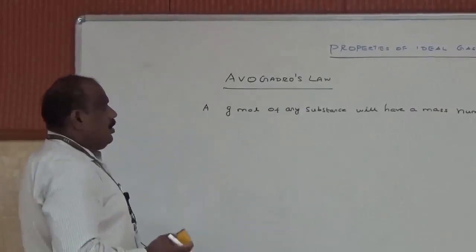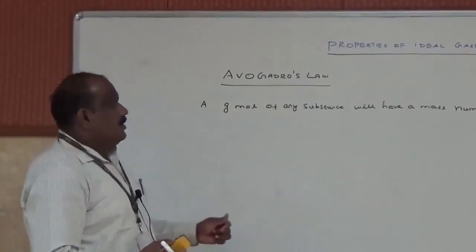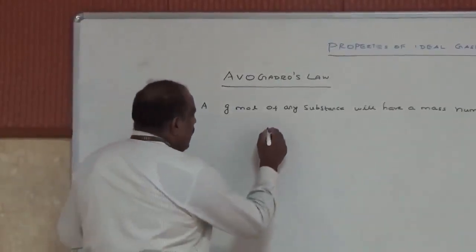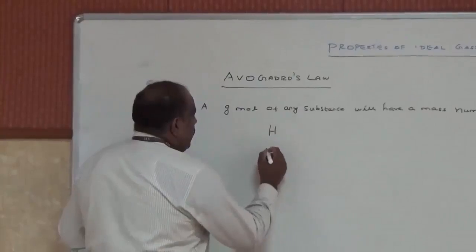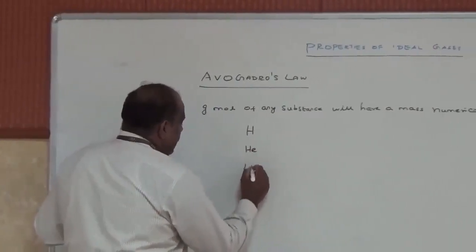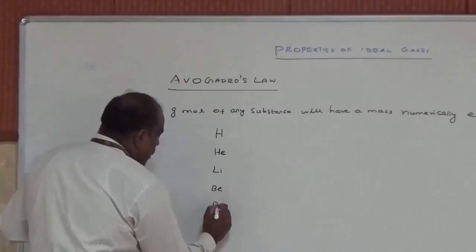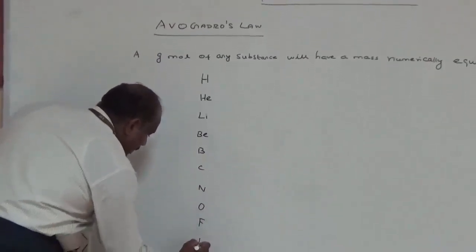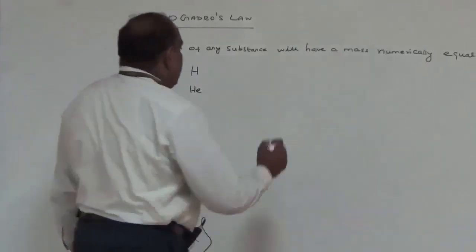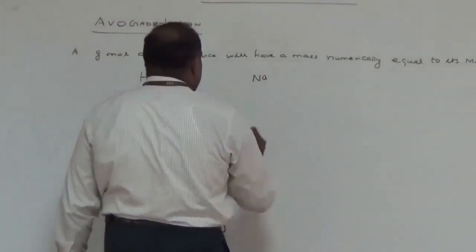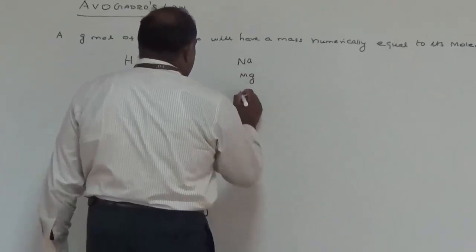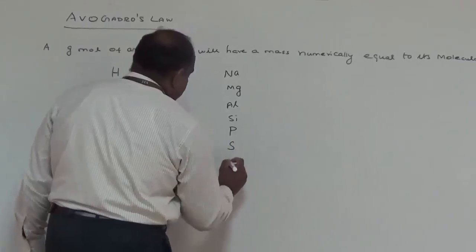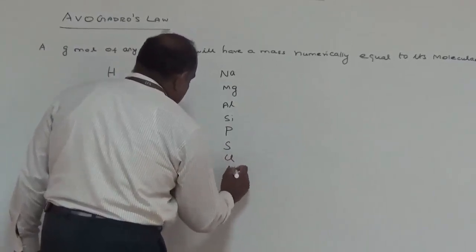Now before going to the mass, let us know the molecular weight of every gas constant. Let us see the periodic table: hydrogen, helium, lithium, beryllium, boron, carbon, nitrogen, oxygen, fluorine, neon, and then sodium, magnesium, aluminum, silicon, phosphorus, sulfur, chlorine, argon.